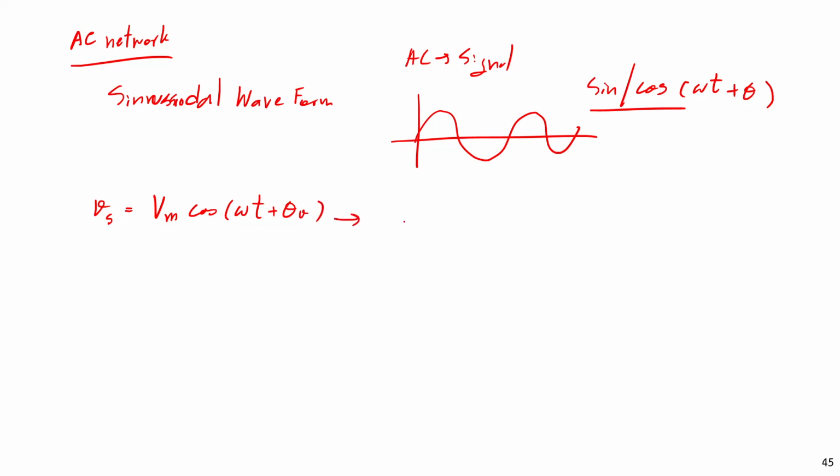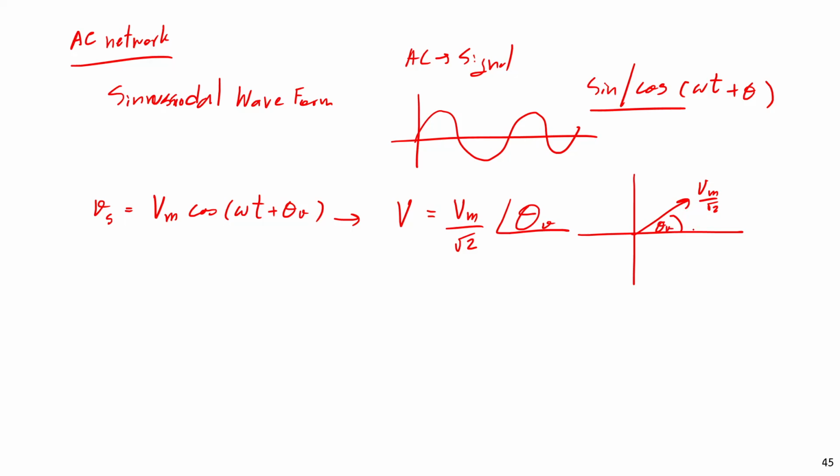We can represent this voltage in terms of a phasor, which has the RMS value V max divided by square root 2 and the angle theta v, right? Here.